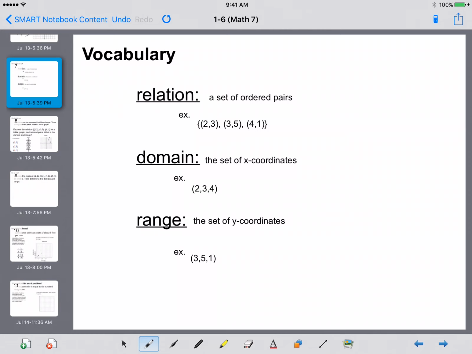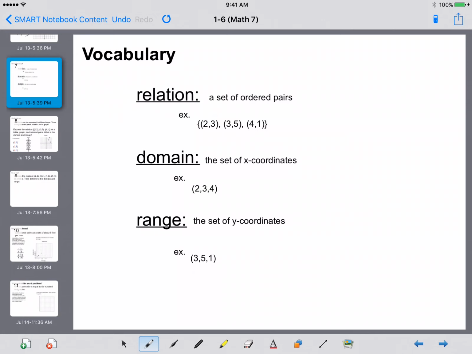Got some more vocabulary here for you. A relation is a set of ordered pairs. Below here is an example of a relation. You've got ordered pair 2, 3, ordered pair 3, 5, and ordered pair 4, 1. They're all within the squiggly brackets, or curly brackets as the technical term. The curly brackets are by the P on your keyboard, and you have to hit the shift button to get them.